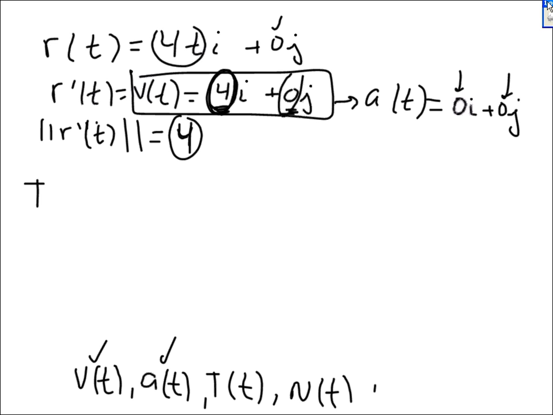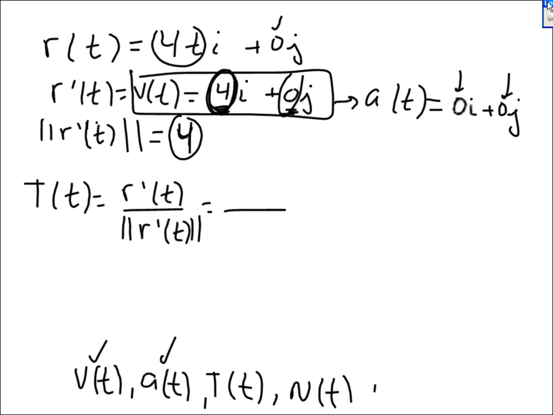Now, T of t, we're in a good position to just write down the answer, because that's r prime of t divided by the magnitude of r prime of t, both of which I have. R prime of t right here is 4i. The magnitude of r prime of t right here is simply 4. So it's just 1i.